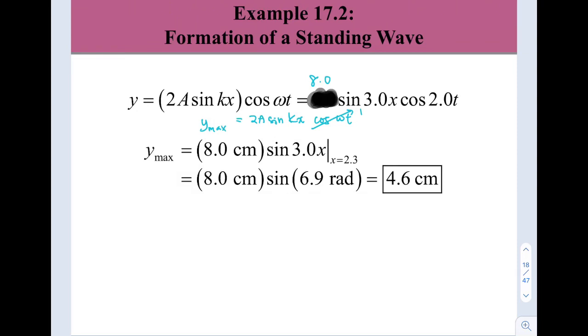Y maximum is what we want to figure out whenever x is 2.3. So substitute 2.3 here and solve this equation. You will get y maximum at the position of x equal to 2.3 cm.